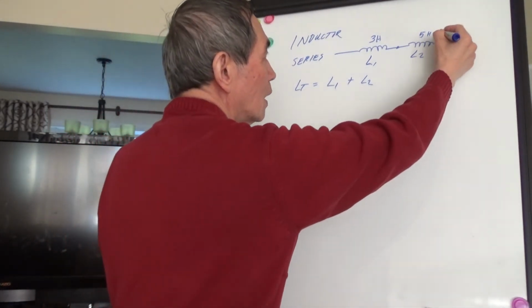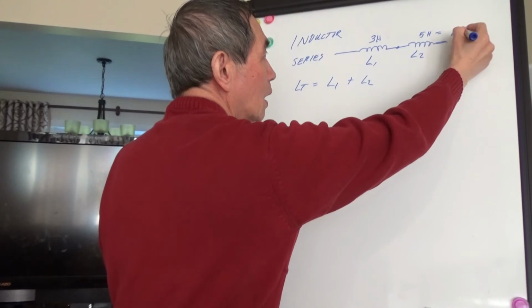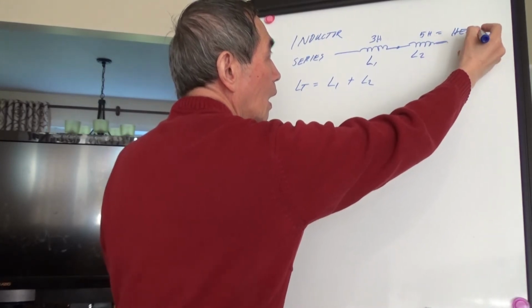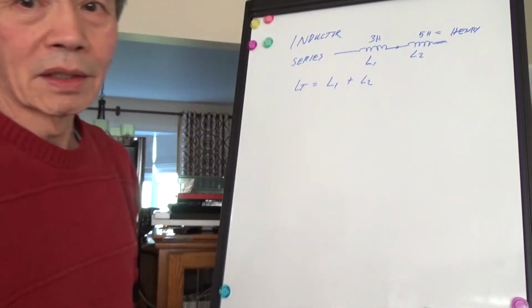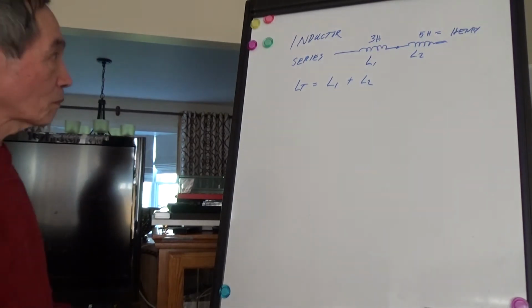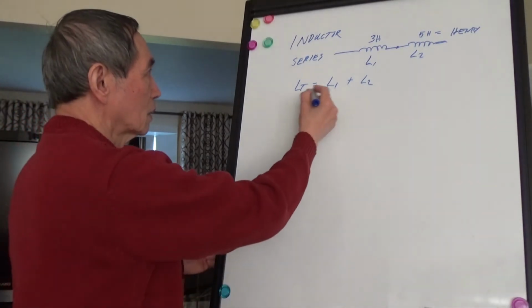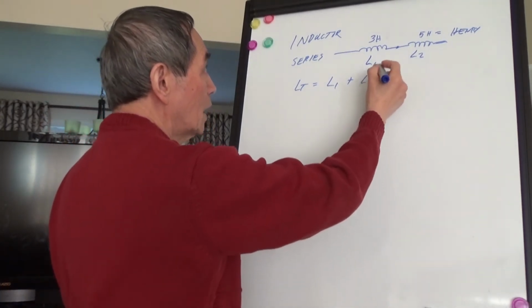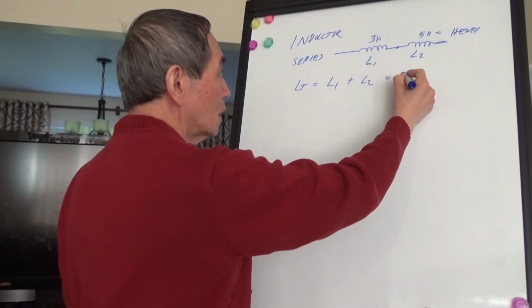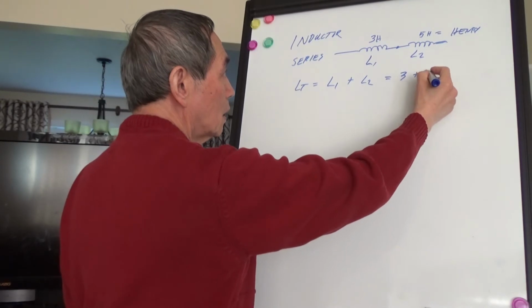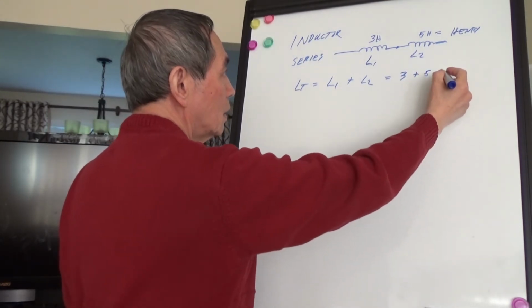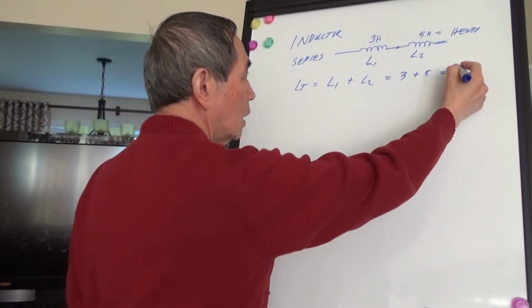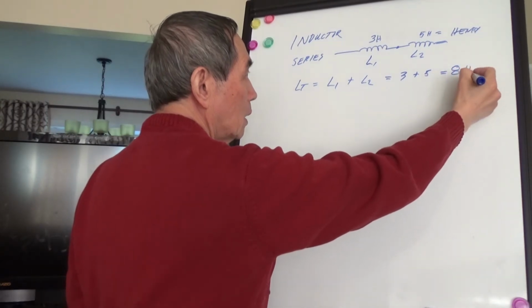H stands for Henry. So the total inductance is equal to L1 plus L2, or 3 plus 5, equal 8 Henrys.